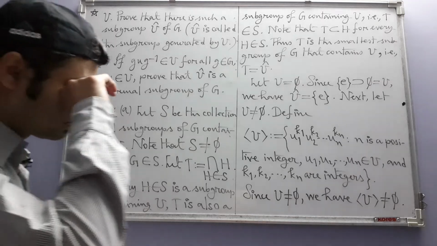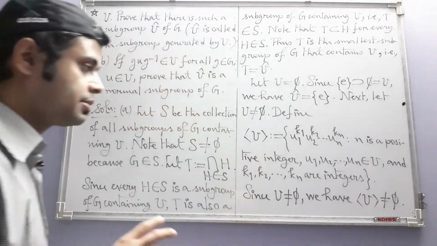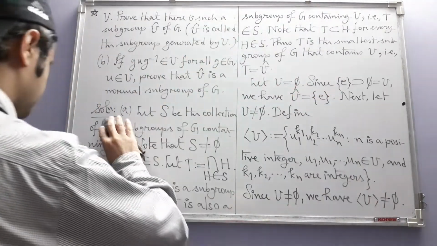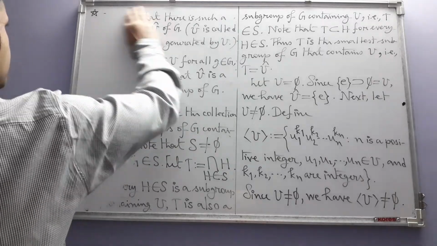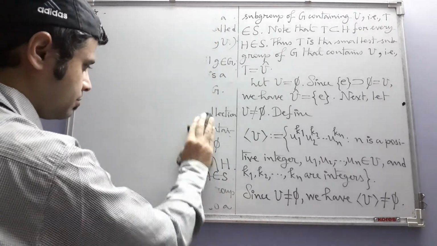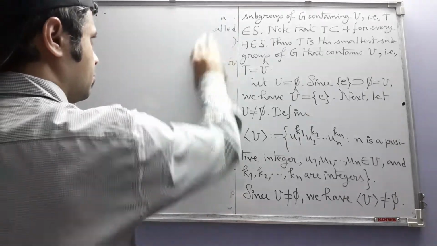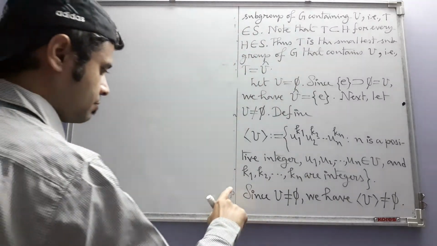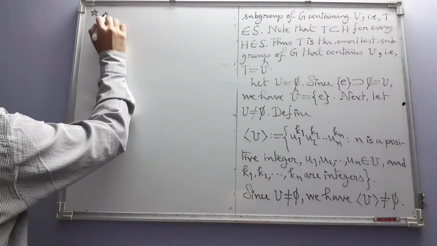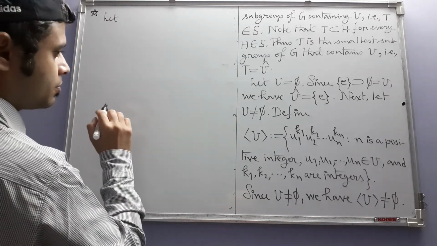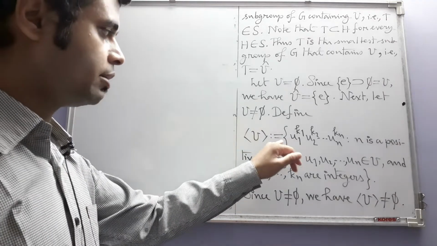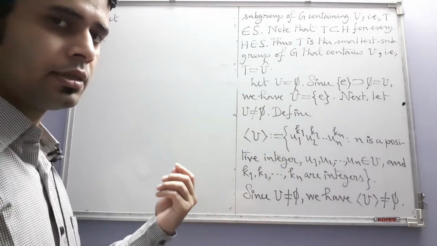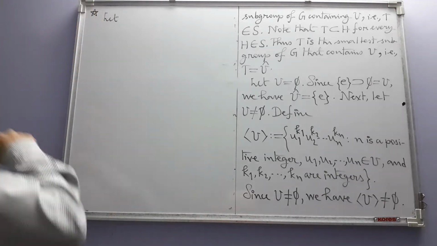Our aim now is to show that this is actually a subgroup of G. So for that we will consider two elements from this subset and then try to show that it's a subgroup by using those two elements.